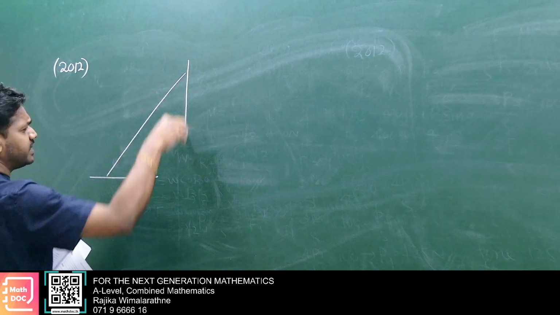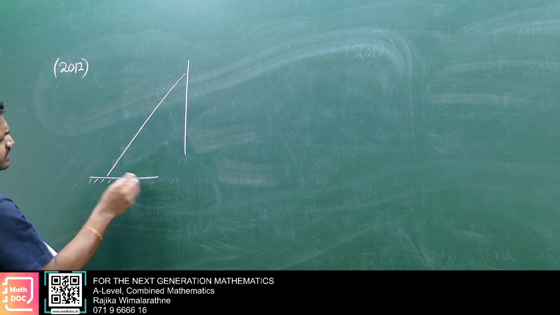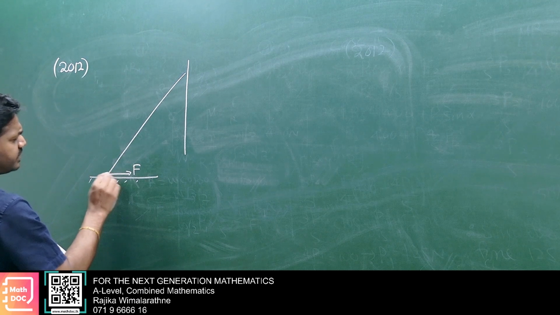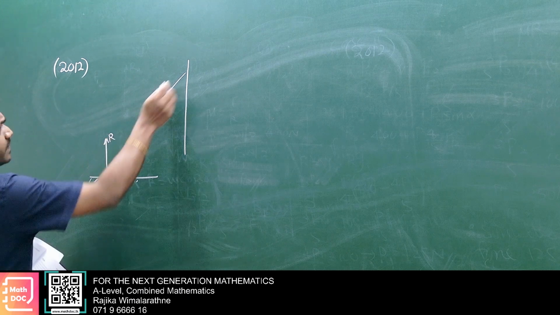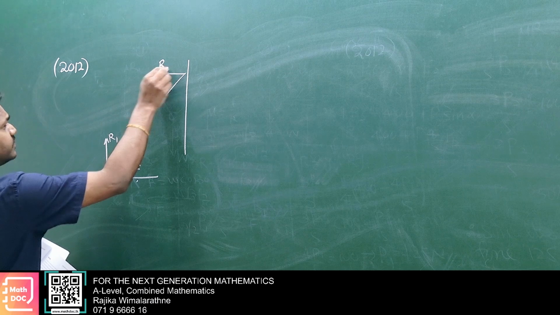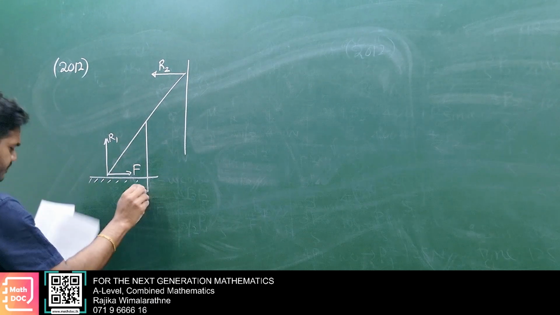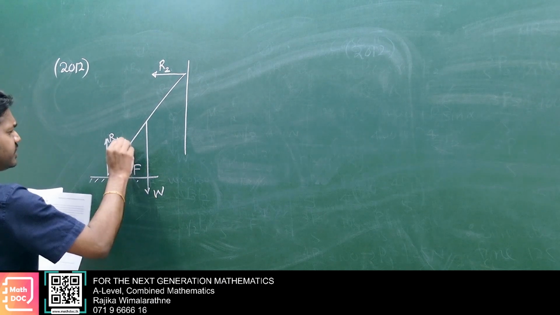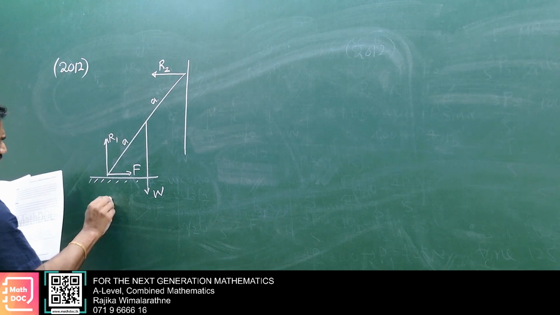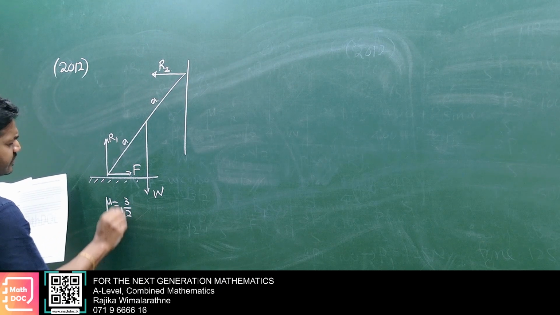Now here it is given, a rough surface, no? The moving tendency is away from the wall, so friction F, reaction R1 at the ground and R2 at the wall, weight W, length 2a, and mu given as root 3 over 2.